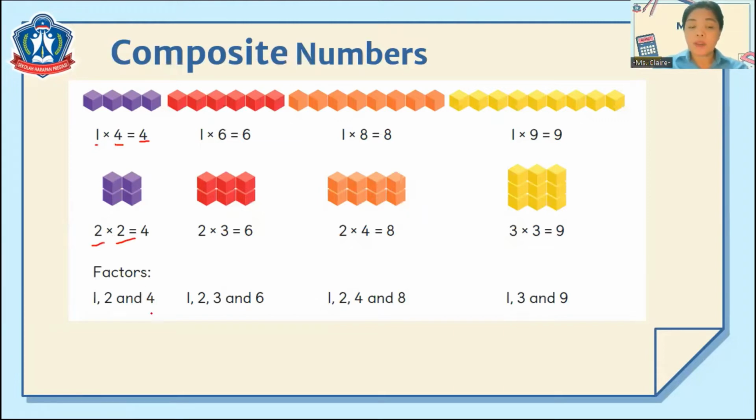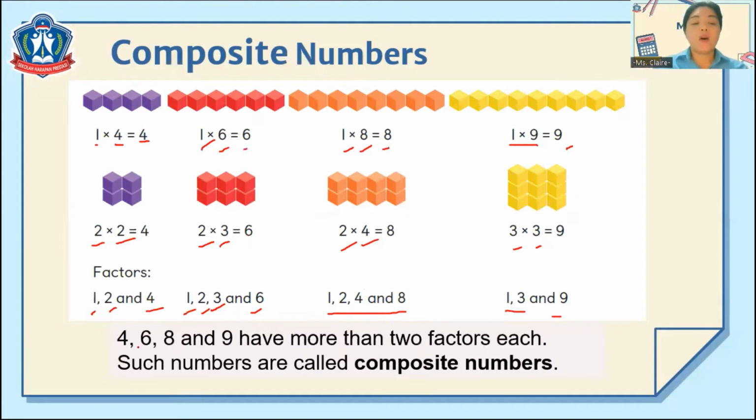So, the factors of 4 are 1, 2, and 4. 6: 1 and 6, and also 2 and 3. So 6 has 4 factors: 1, 2, 3, and 6. 8, we have 1 and 8 and 2 and 4. So 8 has 4 factors. 9: 1 and 9 and 3 times 3. So it has three factors.